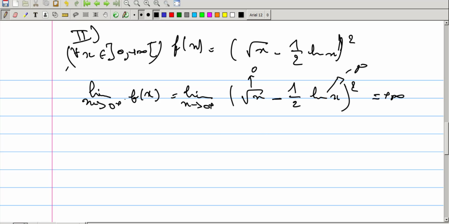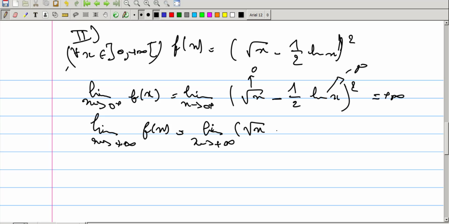Let's move on to the next one. When we take the limit of f of x as x goes to plus infinity, equals the limit while x approaches plus infinity of the function x minus 1 over 2 ln x squared.